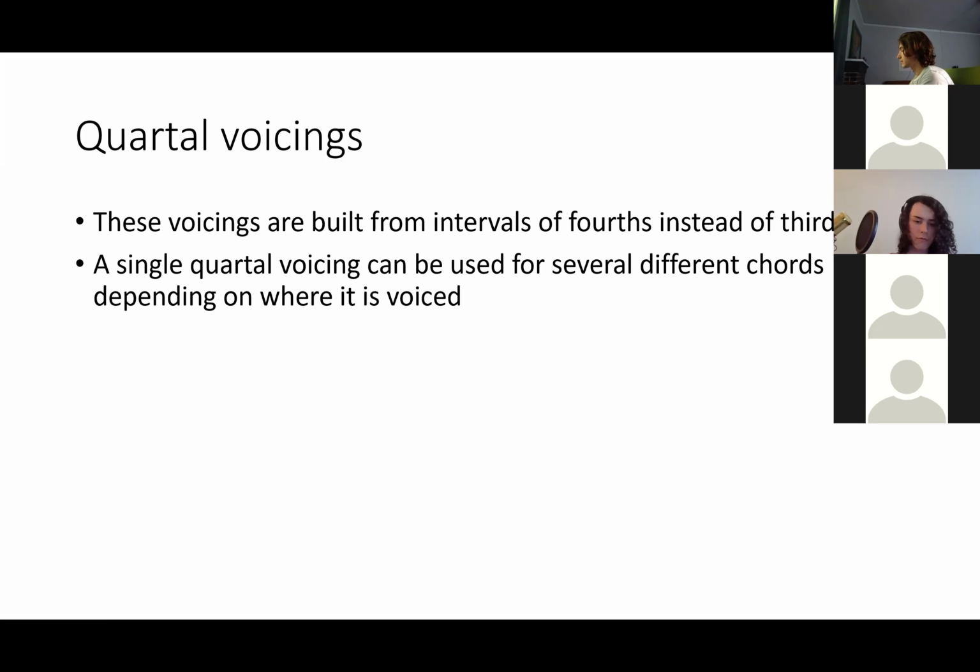And it sounds spacey because it can work in a lot of harmonic contexts. So a single chord voicing, as I have here, can be used for several different chords depending on where it is voiced. So there are two quartal voicings for a C major chord quality.